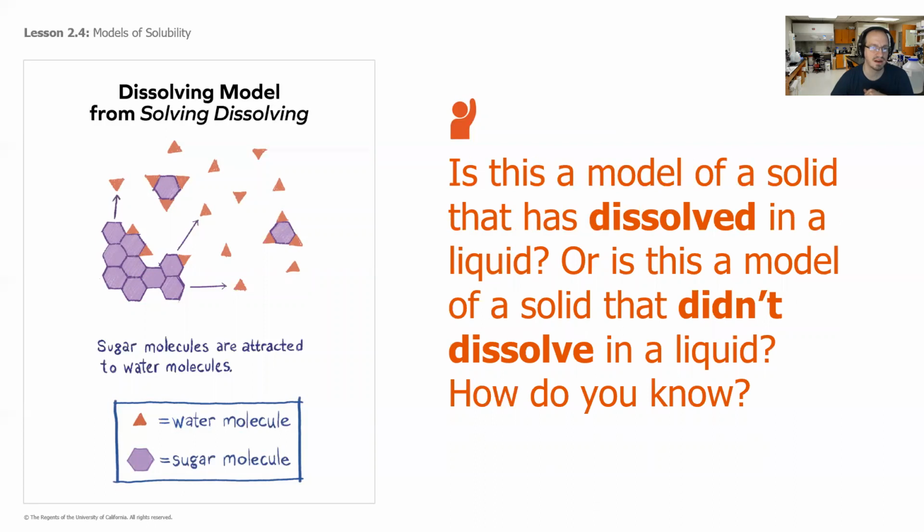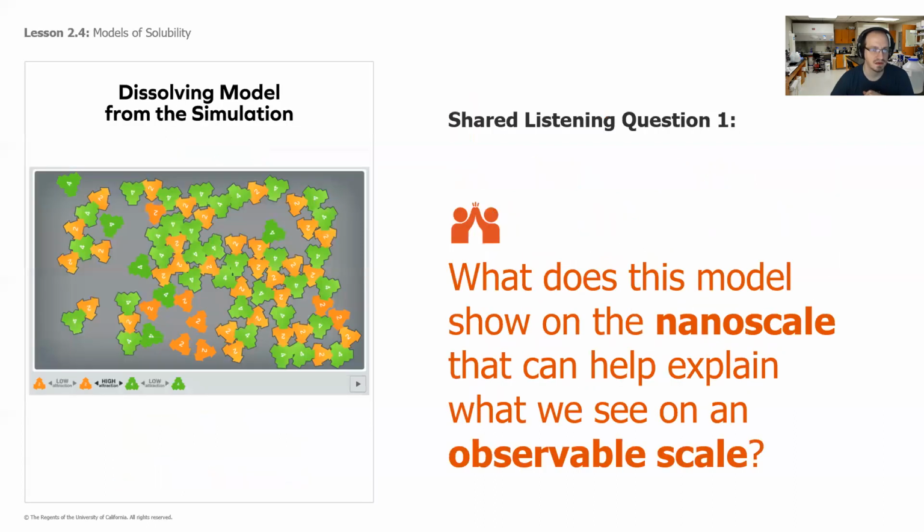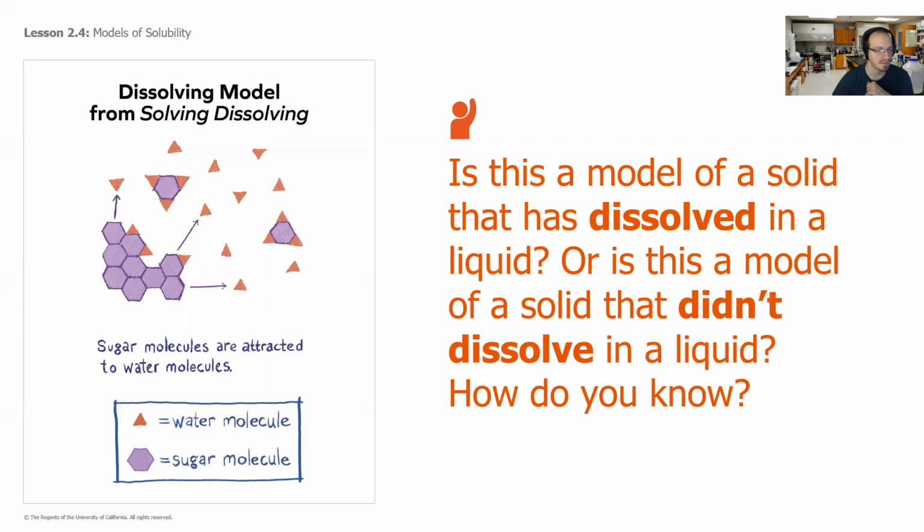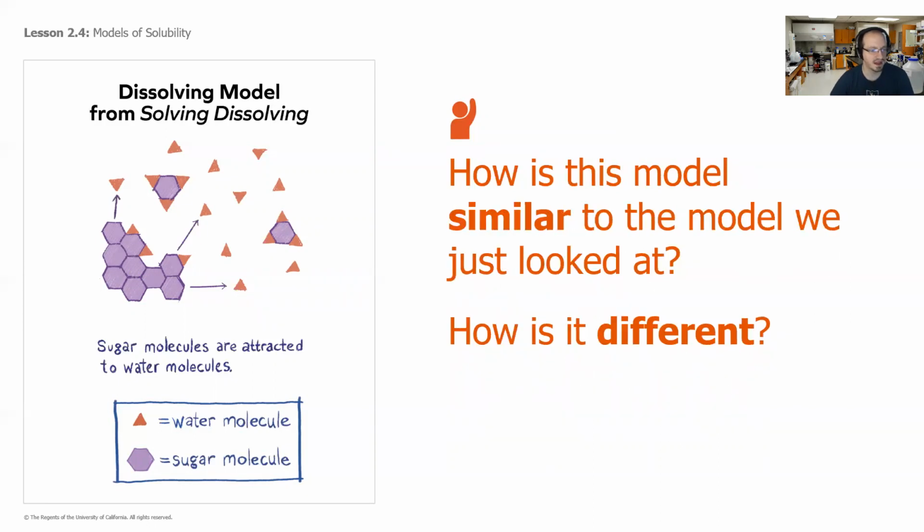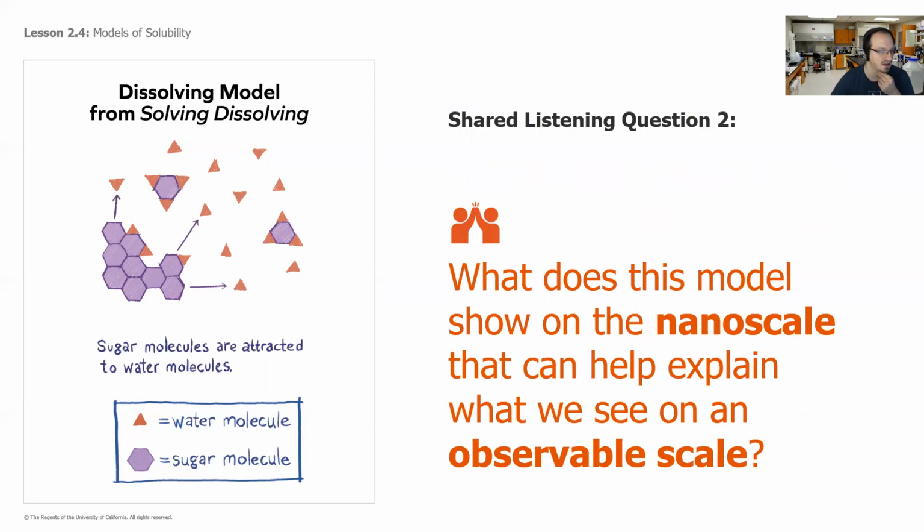In our previous model, it didn't specify what was what, but we could say something like, okay, so the green 4s are the water molecules and the orange 2s are the sugar molecules. Another thing that was different was they both used different shapes to represent those different molecules, right? So just like we just looked at, they both use shapes, but they use different shapes.